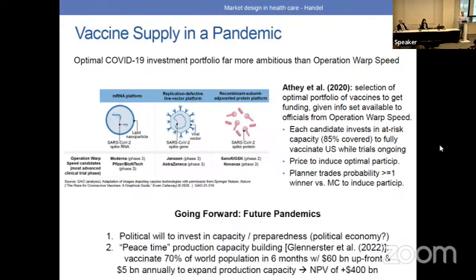In fact, even more recent research has motivated the need for building capacity in, quote unquote, peacetime in order to be prepared for when the next vaccine occurs. So essentially using push incentives for capacity building as a tool to be prepared for when the next pandemic happens.